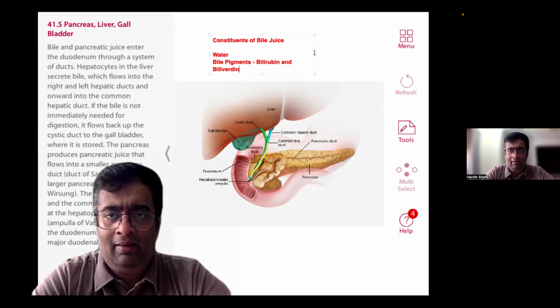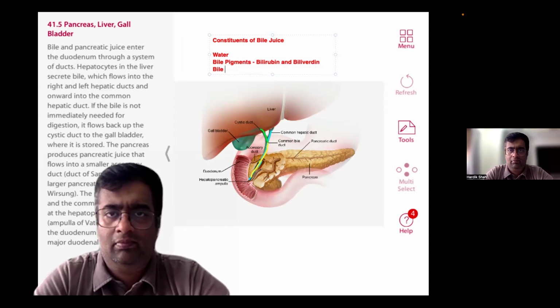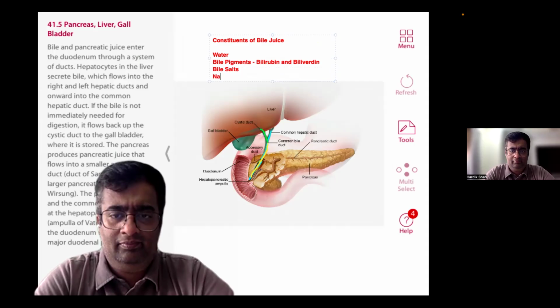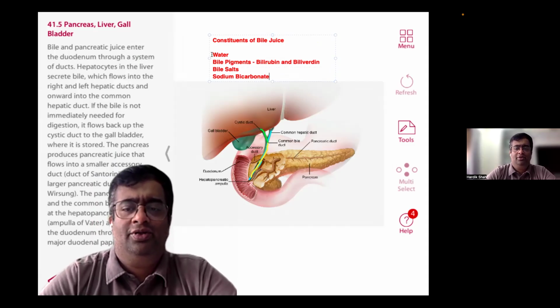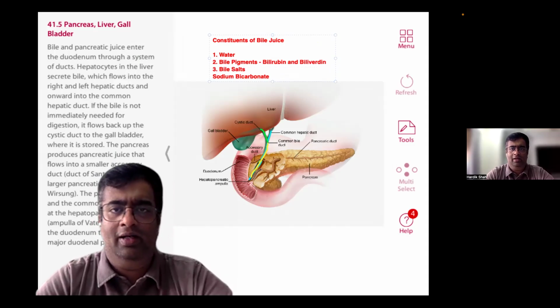Then the third one being the bile salt. And there is sodium bicarbonate. So these are four major constituents of bile: water, bile pigment (bilirubin and biliverdin), bile salt, and sodium bicarbonate.